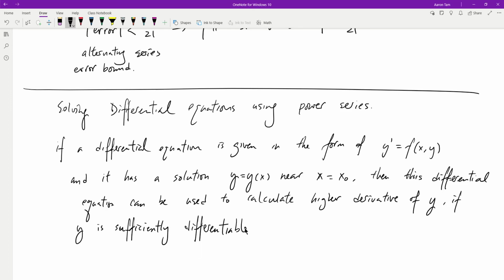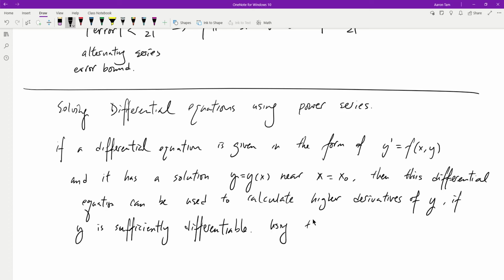Of course, you might run into a scenario where y is only 14 times differentiable, then you'll be stuck. But if y can continue to generate derivatives, then I can use this differential equation to generate all higher derivatives of y.